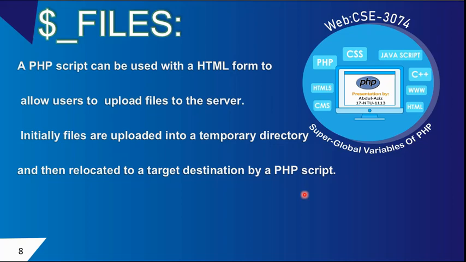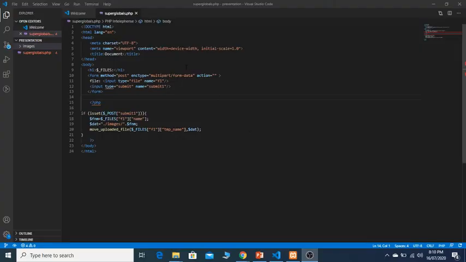After that, the selected file is sent to the temporary file directory, and then the PHP script specified as the form handler in the form's action attribute checks that the file has arrived and then copies the file into a directory. So let's go for the files variable.